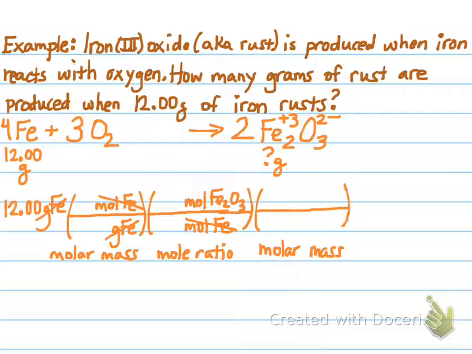So moles of rust are in the numerator, so they have to be in the denominator. And I'm going to have grams of my rust on the top. So now I'm left with the units that I want, right? I was looking for grams of iron 3 oxide, and that's what I have. So I know that I'm done setting this up.